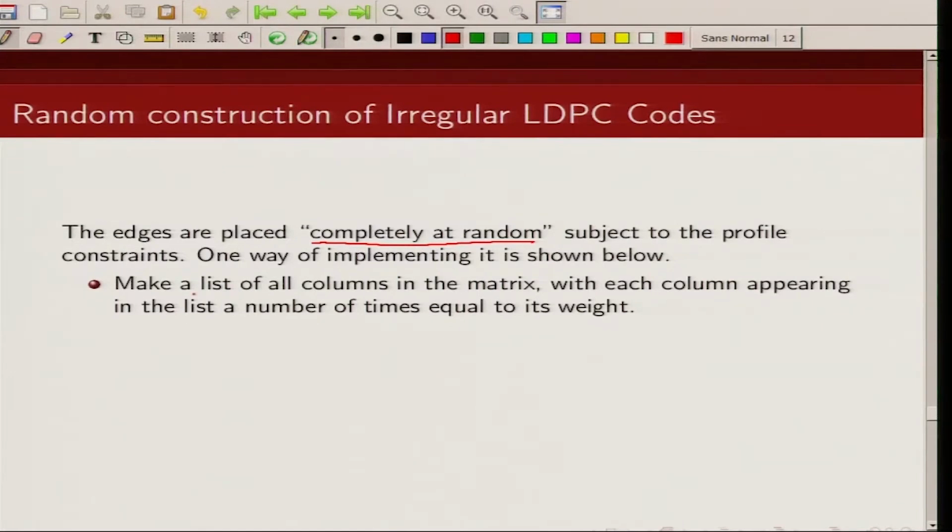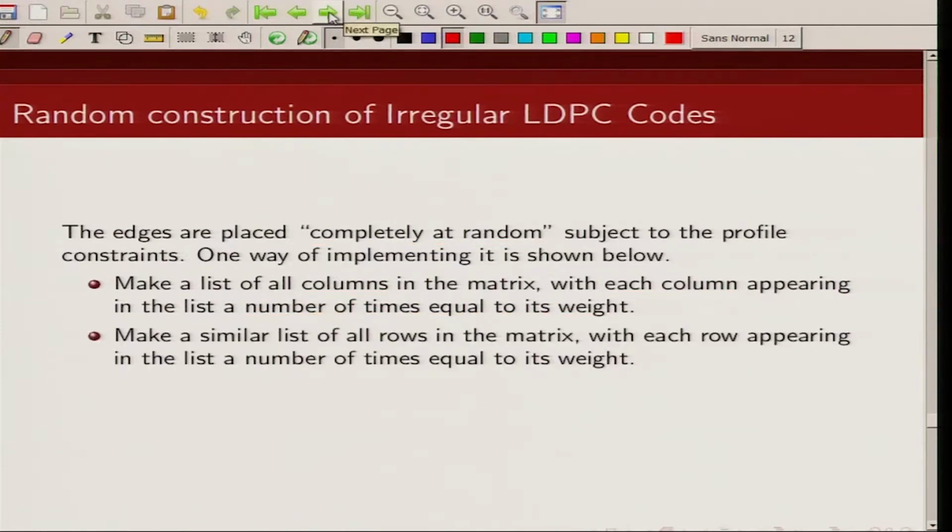So, we can place edges at random subject to the profile constraint, and one way of constructing it is as follows. Make a list of all columns in a matrix with each column appearing in the list a number of times equal to its weight. So, if let us say there are 5 columns which have weight 3, then you will repeat each of these 5 columns 3 times.